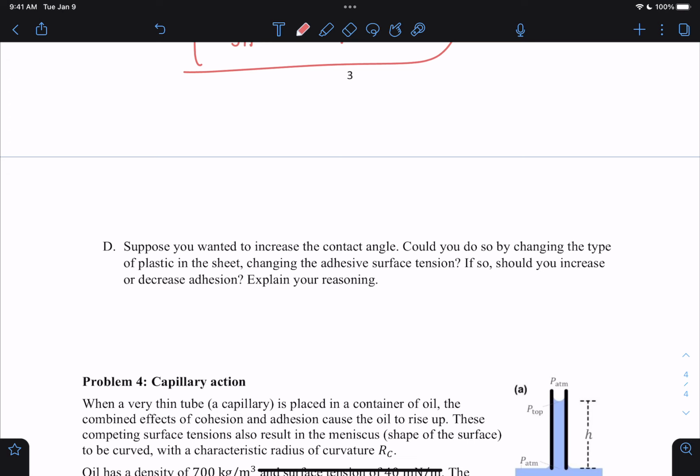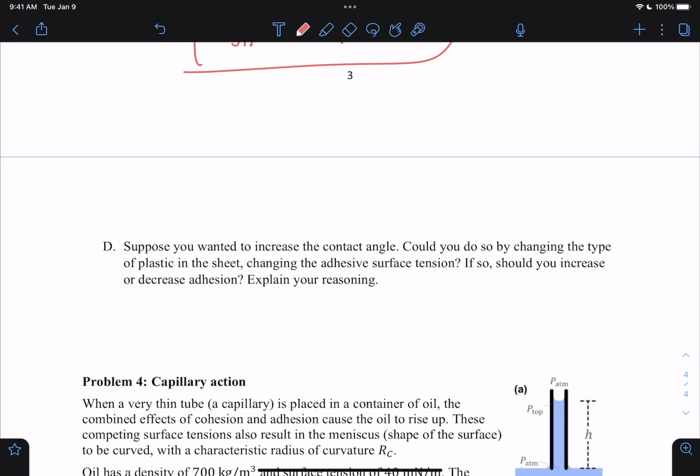Anybody have any ideas about this one? Yep, exactly. You can change the plastic sheet. You can change the type of plastic or material that's used. And then how would we want to change the adhesive surface tension?